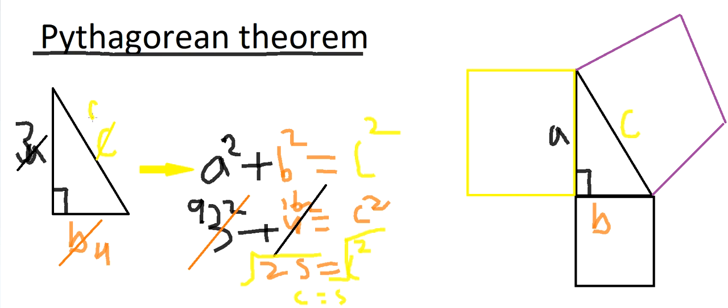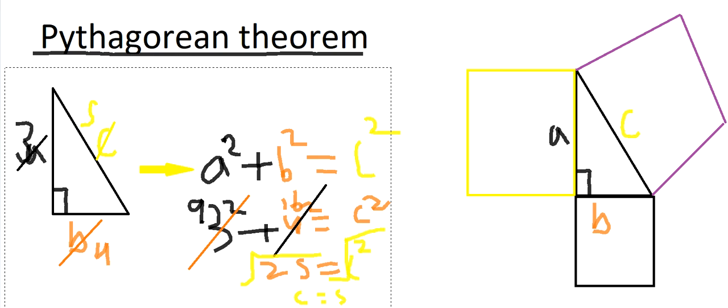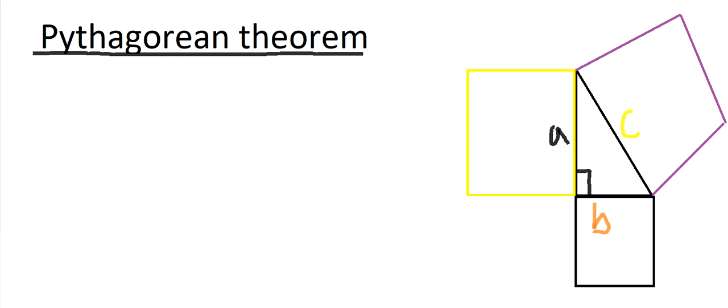Let's do another one. If we have a right triangle, and we are told that this side is 3, and this side is the square root of 5, then what is this side?